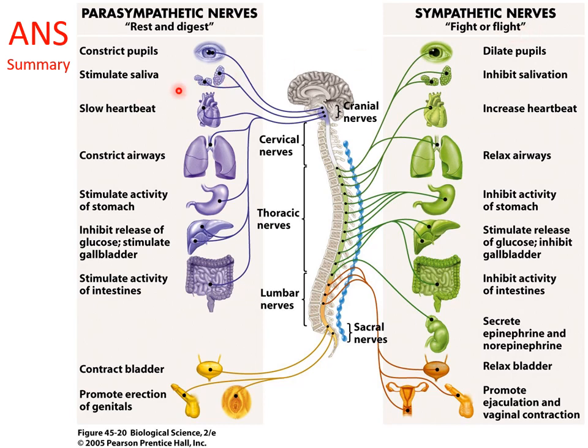Okay, so really though, if you remember this rest and digest for parasympathetic and fight or flight for sympathetic, you'll be able to anticipate what most of the effects are in terms of the individual organs. For example, you can imagine somebody who's surprised and their sympathetic nervous system kicks in and their pupils are dilated, right?